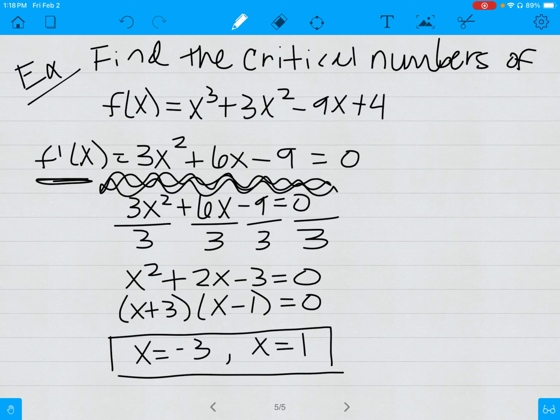Any value that we put in for x, we're going to get a value out for y. So we don't have any critical numbers that arise from that second case where f prime does not exist. We only have the critical numbers negative 3 and 1 because those are the ones that cause the derivative to be equal to 0.